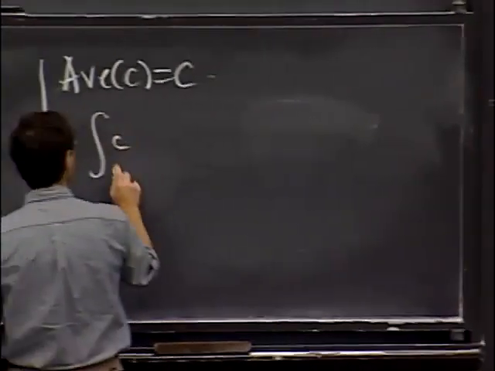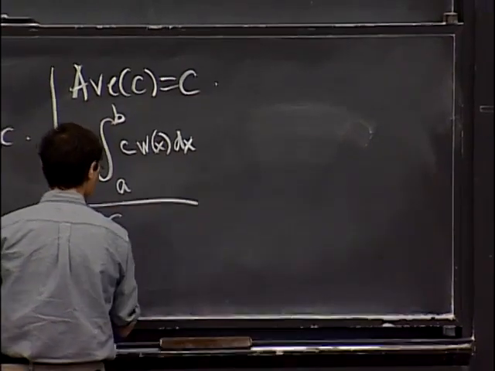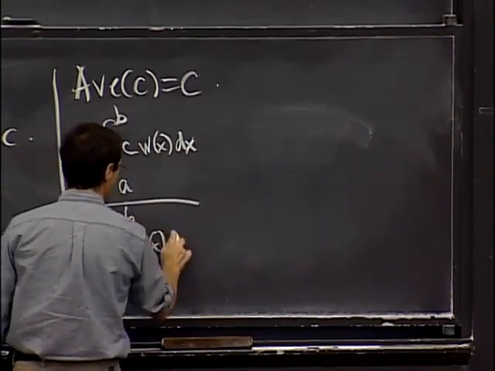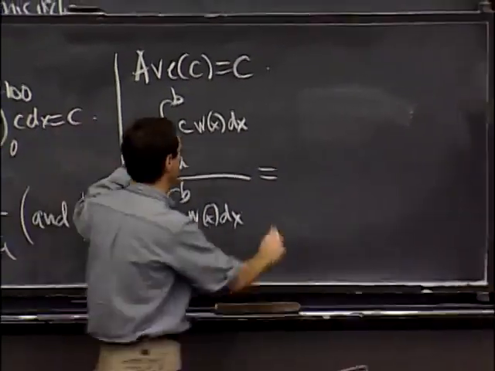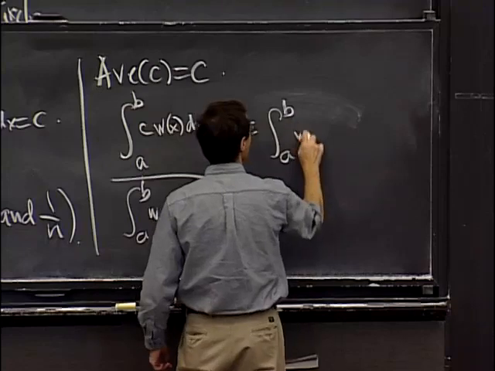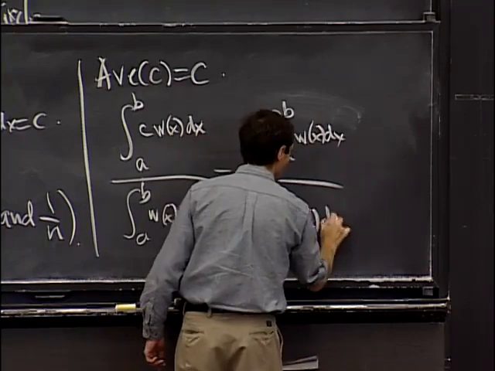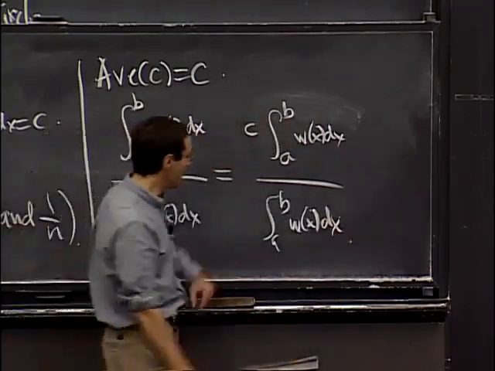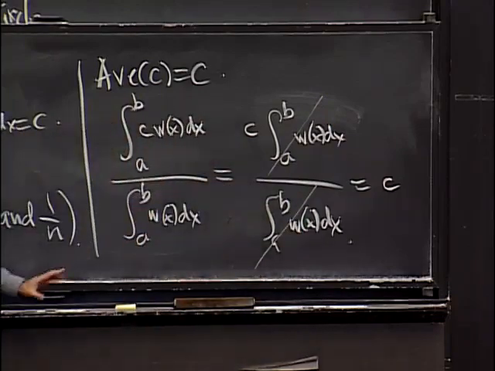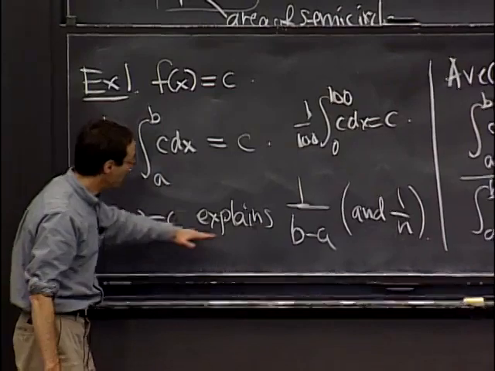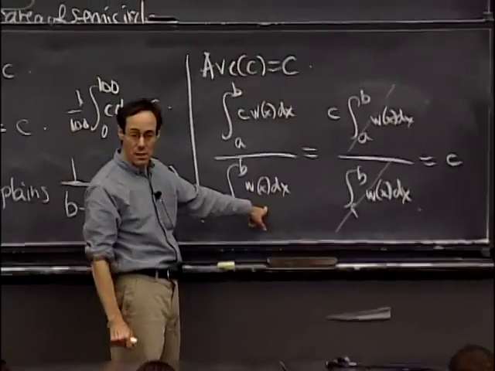If you integrate c from a to b, w of x dx, and you divide by the integral from a to b, w of x dx, not surprisingly, the c factors out. It's a constant. So this is c times the integral a to b w of x dx divided by the same thing. And that's why we picked it. We picked it so that these things would cancel, and this would give c. All right? So in the previous case, this property explains the denominator. And again, over here, it explains the denominator.